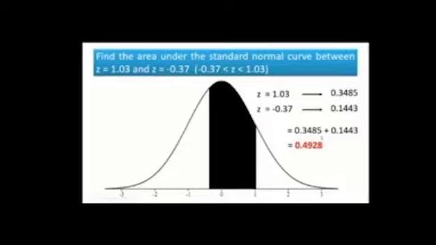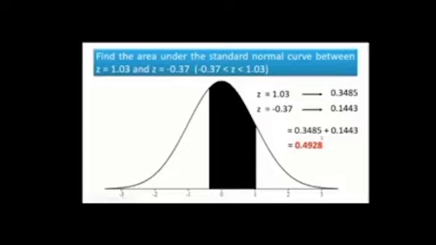At saka yung kunin natin yung 0.37, ayan yung graph niya, 0.1443. So magpa-plus tayo dahil hindi parehas, minus at saka plus. Kung parehas, magma-minus tayo.